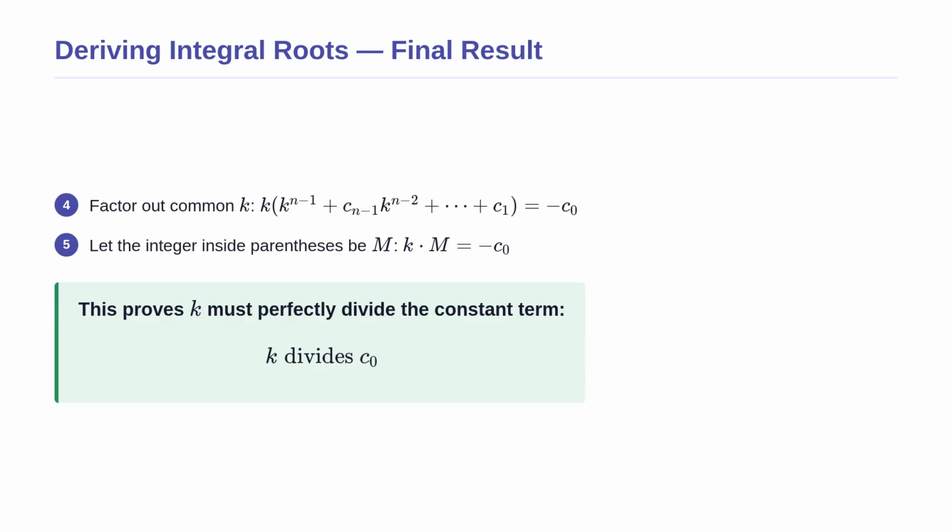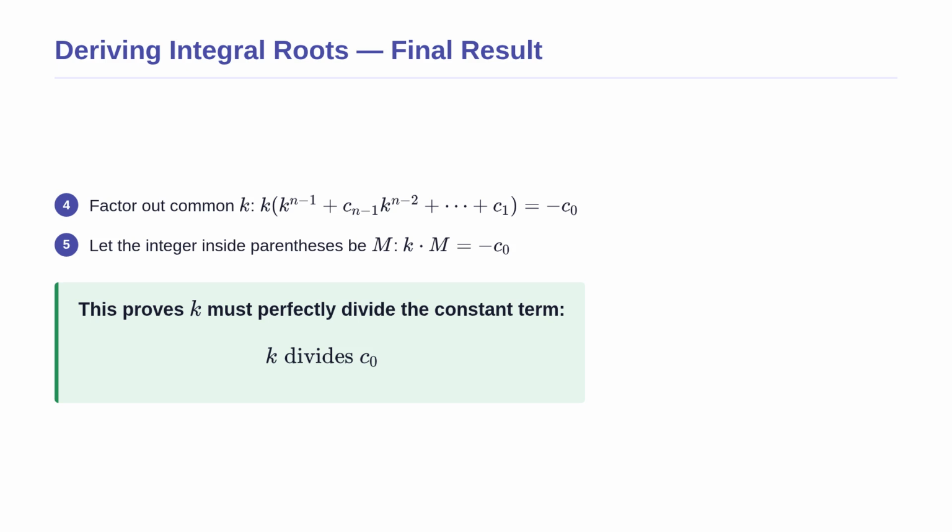Continuing our proof, notice that on the left side of the equation, every single term contains at least one k. Because k is a common factor to all terms on the left, we can factor it out to the front. Look closely at the expression inside the parentheses. It is made entirely of integers being multiplied and added together.